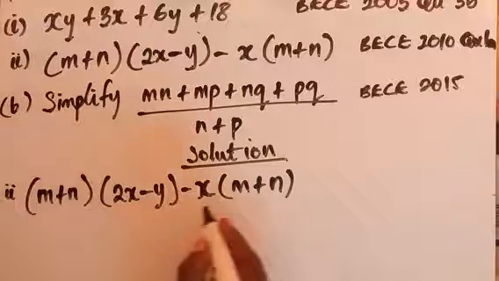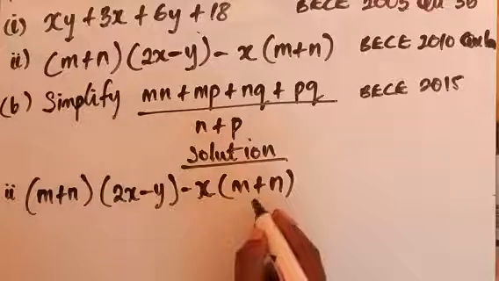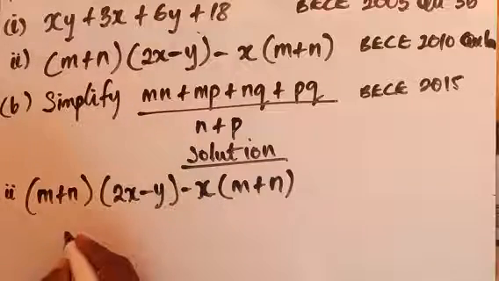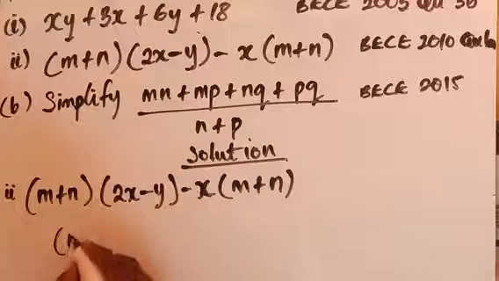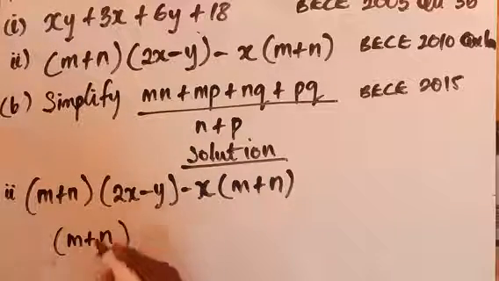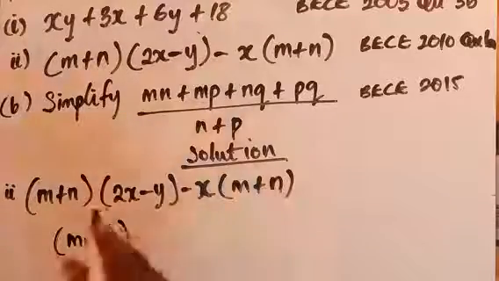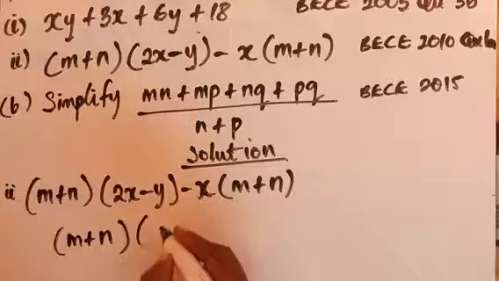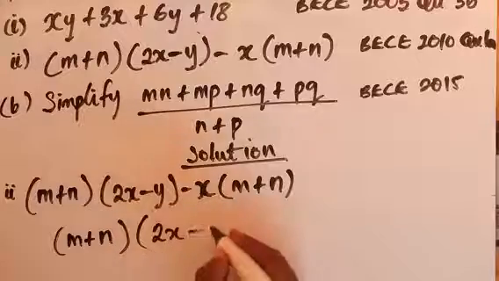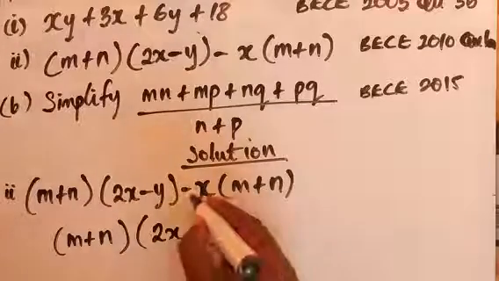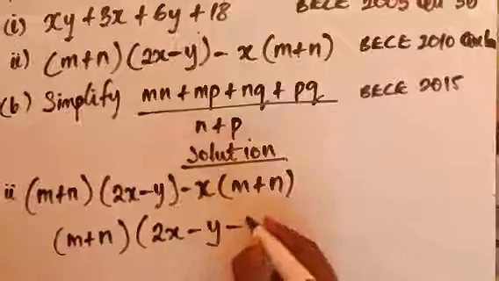In grouping, I'm going to get into the bracket m plus n, occurring 2 times in the same bracket, and the other bracket will have 2x minus y, then minus x.